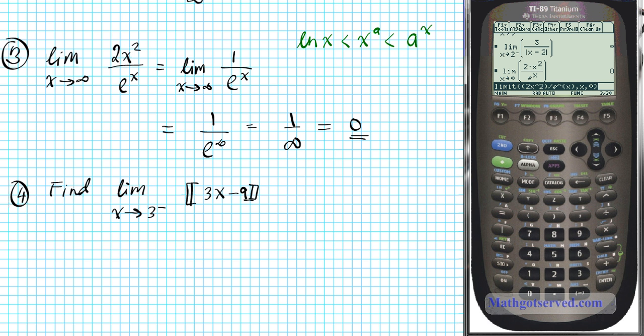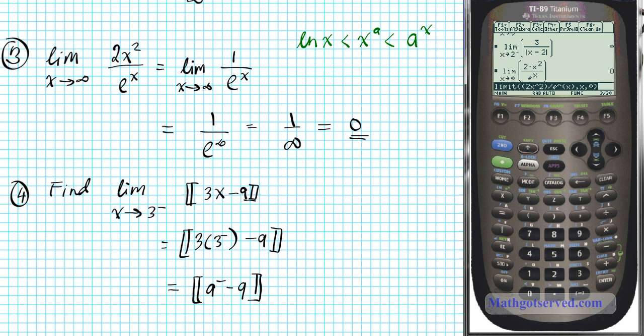All right, let's do this manually first, and then we'll use our calculator to figure it out. So we can evaluate this by direct substitution. So we have the floor of 3 times 3 from the left minus 9. Then 3 times 3 from the left is 9 from the left, minus 9.